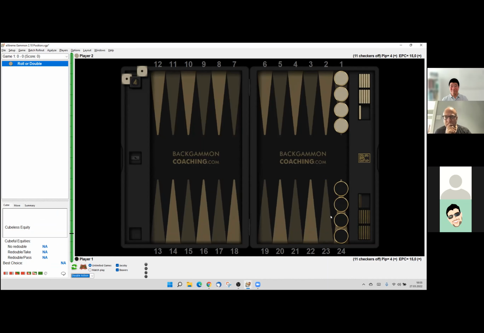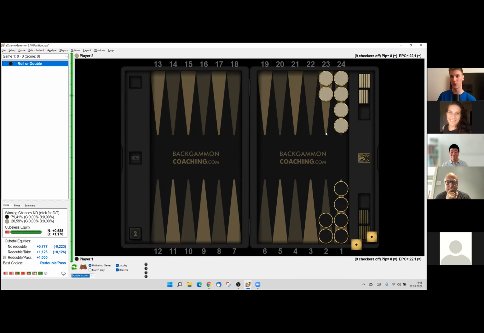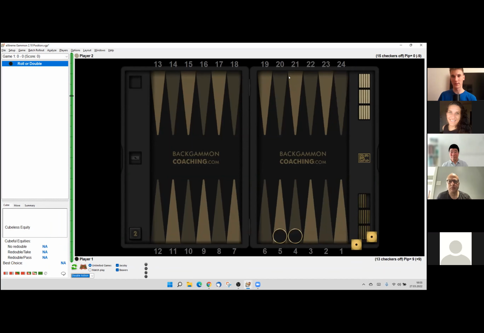So this is why 3 rolls against 3 rolls is going to be a pass, and 4 rolls against 4 rolls is going to be a take. These situations happen a lot, not just in this variant. You may find a position such as this, and you want to adjust it to what we've just said.